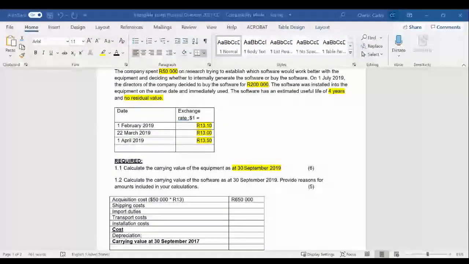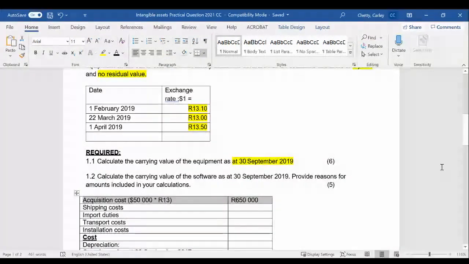Okay, so you should see that if we convert the $50,000 into rands, we are going to get 650,000 rands, okay? And that is going to be our initial acquisition cost.